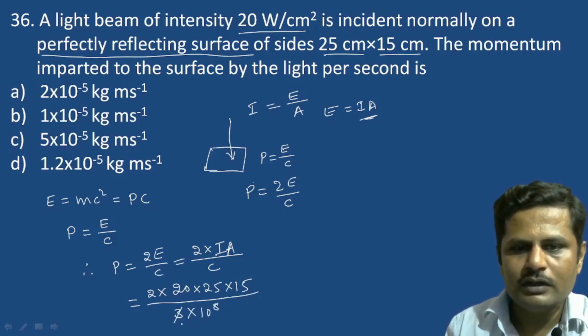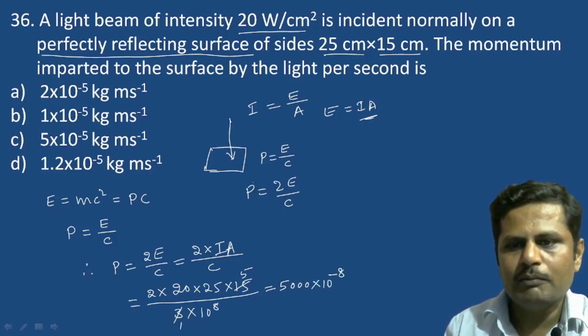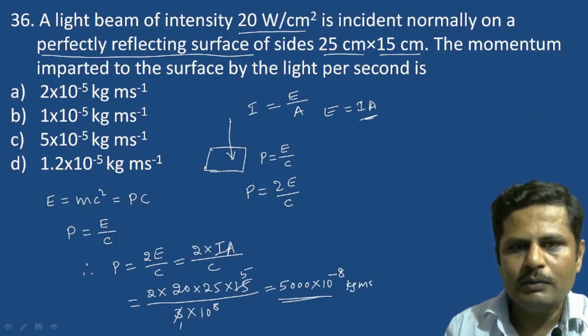We have 3 ones are 3, 3 fives are 15. So 25 into 10 is 250, 250 into 10, so this is equal to 5000 into 10 to the power of, if it comes to the numerator, it will become 10 to the power of minus 8. This is momentum, that is kg meter per second.